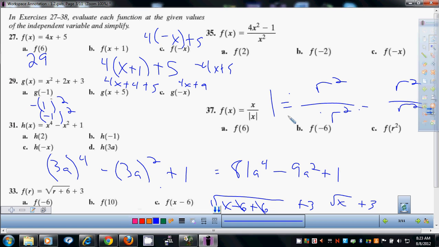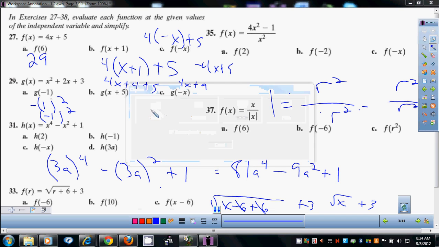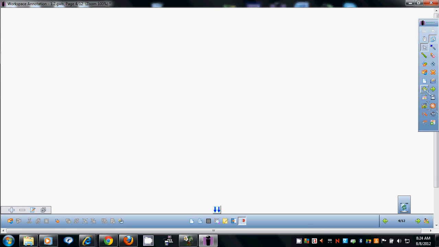Well, yes, whatever's underneath the radical. Where are you looking at? 33, yeah, and we started to say, let me take that elsewhere. We'll look at that. You're absolutely right, Austin. I even mentioned that when we did it.